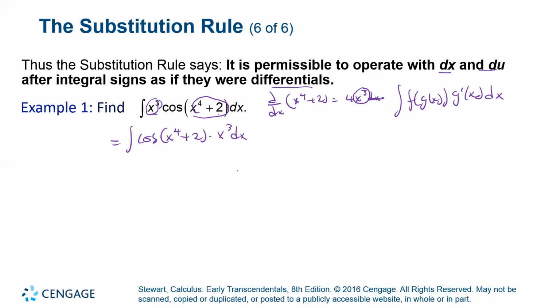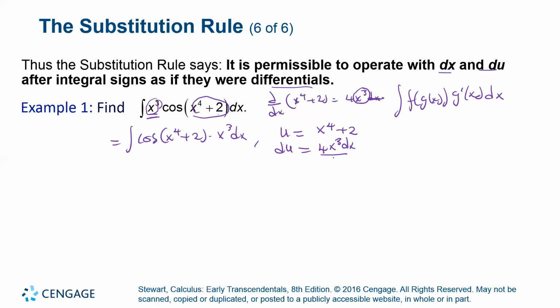If I'm using the substitution rule, what is my u? I'll let u be equal to x to the 4 plus 2, because when I differentiate u, I have the term x cubed in front there. I don't have to get it exact. Here it gives me 4 of that, but I can solve for that expression. So du is equal to 4x cubed dx.